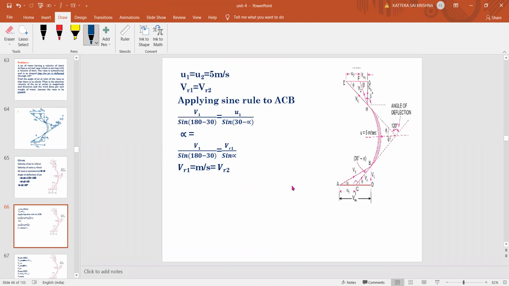We have V1, VR1 and one horizontal line. I'm taking that one. Alpha, this is 30 degrees, theta, right? These two lines, I'm taking one horizontal line. If you take a horizontal line here, as I already said, between two parallel lines, this angle will be equal to this angle.